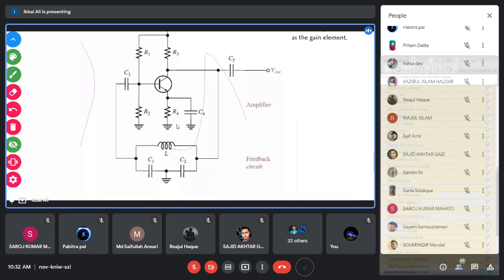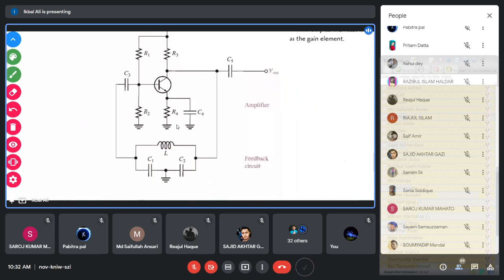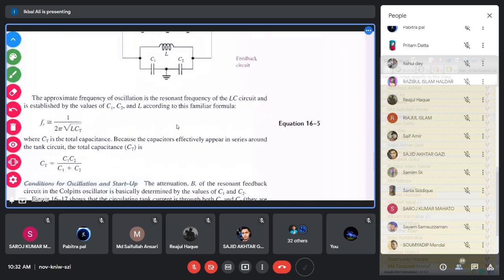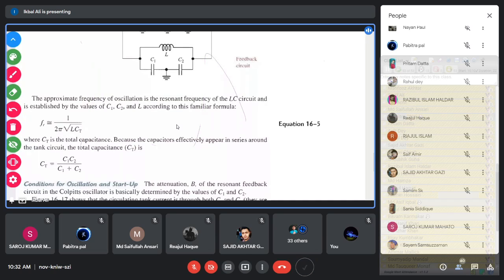What is that frequency? We have calculated that. You can calculate it very easily. So the resonant frequency is written here. You can see that. This is the resonant frequency FR equal to 1 by 2 pi root over L CT, where L is the inductance and CT is the total capacitance.